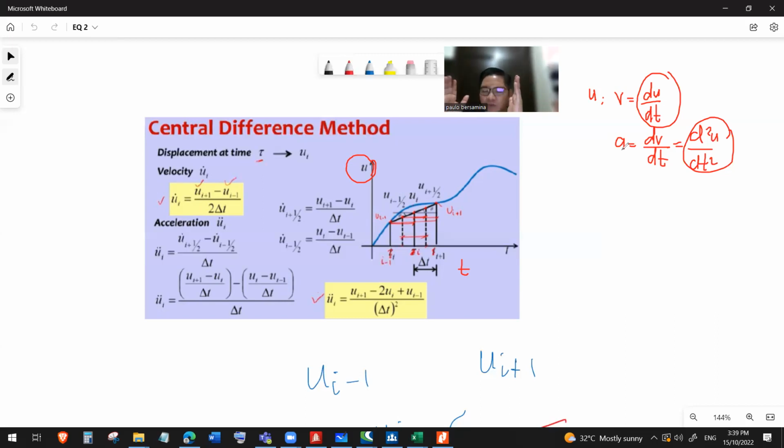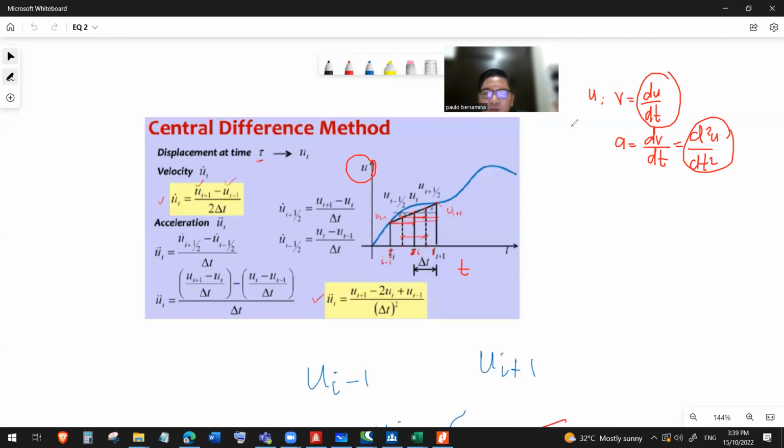And then you will be able to plot also a velocity time curve. And then same process: get the rise over run value, or basically the slope of the curve, then that's your acceleration. Okay? So from basic calculus. So we will do the same thing here.